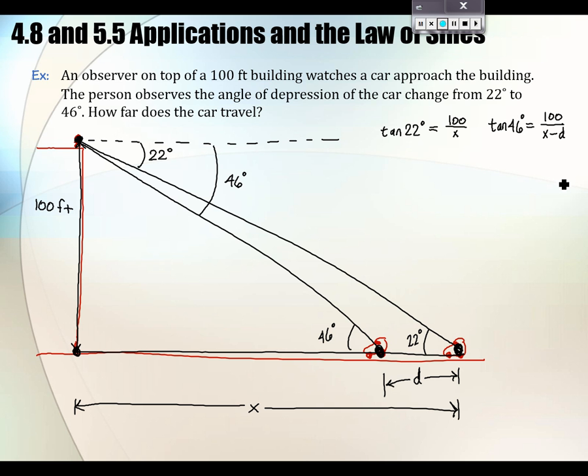I mean, right away we know what x is, right? It's 100 over tan 22, isn't it? And over here we know x minus d is equal to 100 over tan 46. So I think that means that x is equal to 100 over tan 22. Race me to this, see if you can get an answer on your calculator before I can.